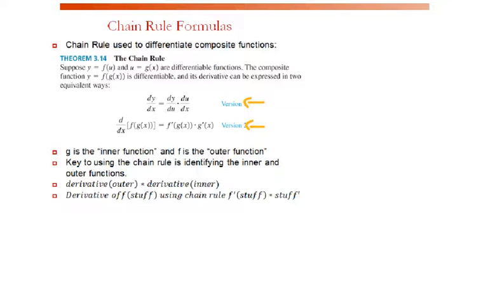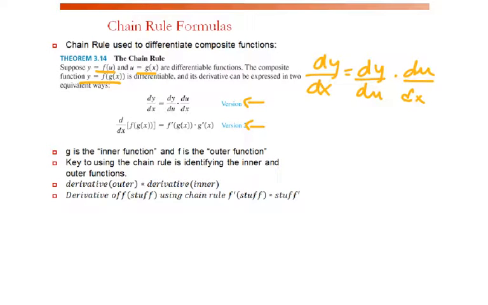If you have a function f and a function g, and they're both differentiable, then the composite of f with g is also differentiable, and it's defined as these two different versions. So dy/dx, where y is equal to f of u, is equal to the derivative of y with respect to u times the derivative of u with respect to x.